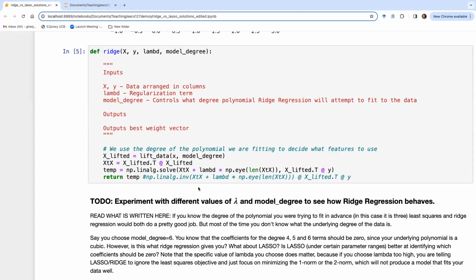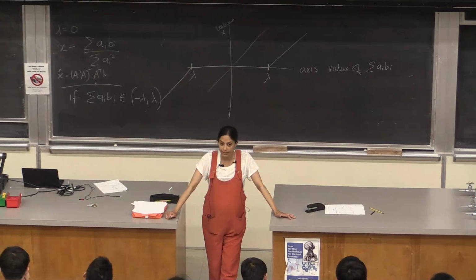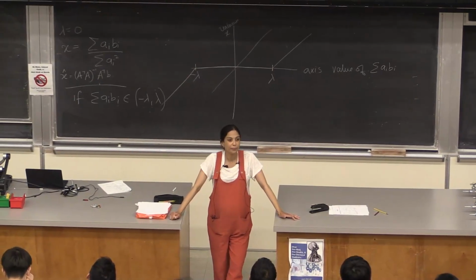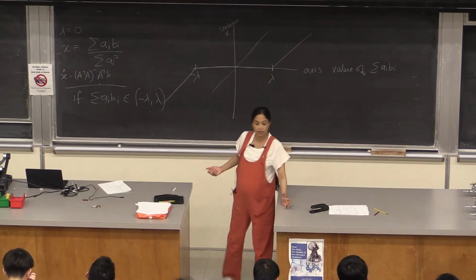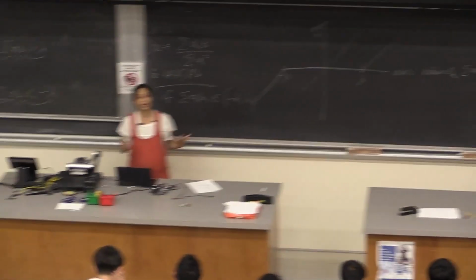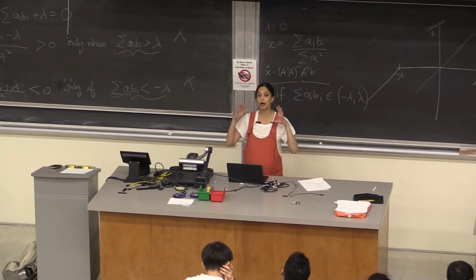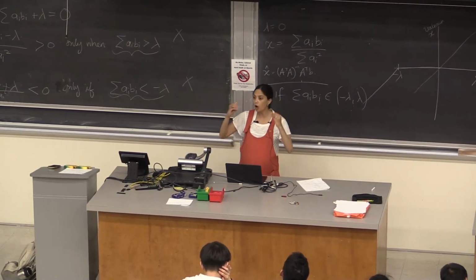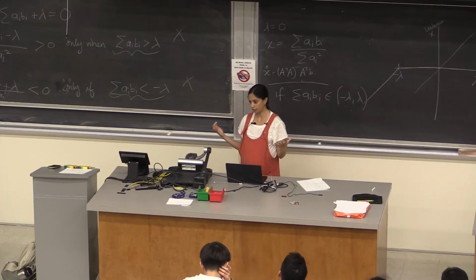I choose the degree of the polynomial first. Then I do the fitting. But in general, will I always know what the degree of the polynomial is? I might not. So something like lasso can come in very handy when you have to pick out a small number of coefficients from a very large number of coefficients.